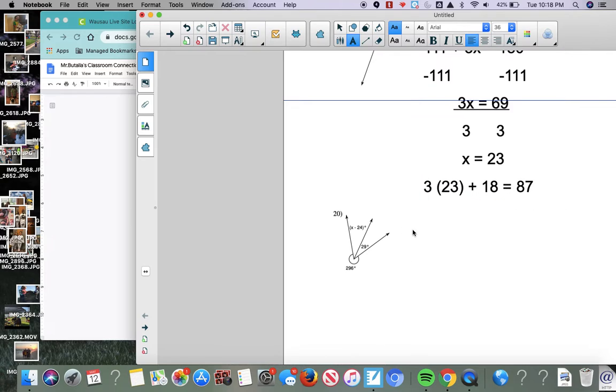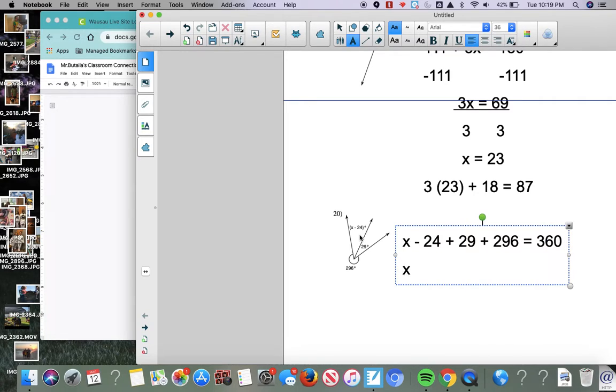All right, moving on. Down here, again, I see it looks like we have a full circle if I go all the way around. So I know that these 3 angles should add up to 360 degrees. So that means I have x minus 24 plus 29 plus 296, and that should equal 360 degrees.